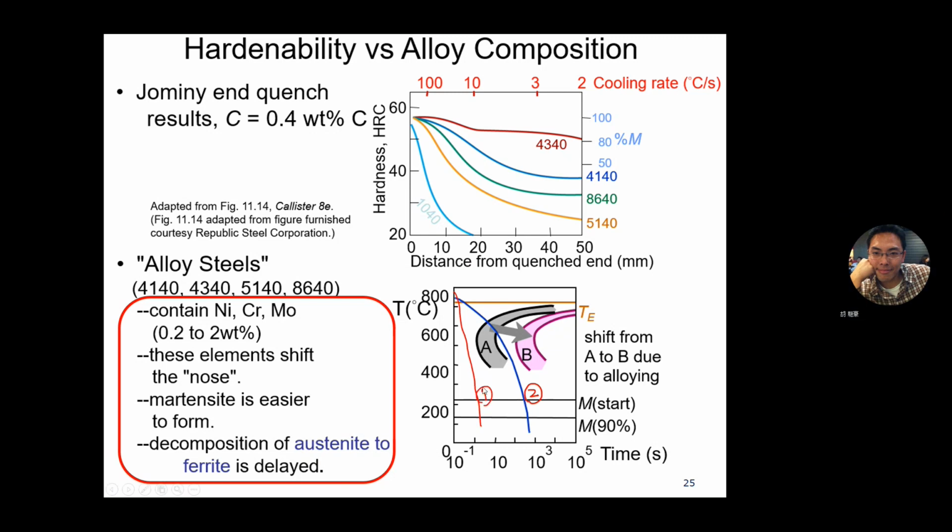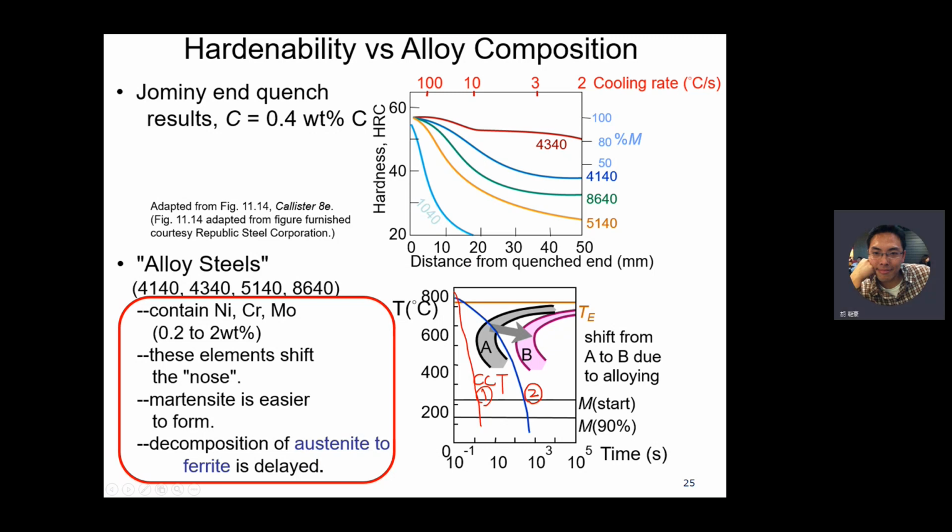So for CCT curve 1, for the TTT curve 8, what structure should be formed? This is CCT, continuous cooling transformation.